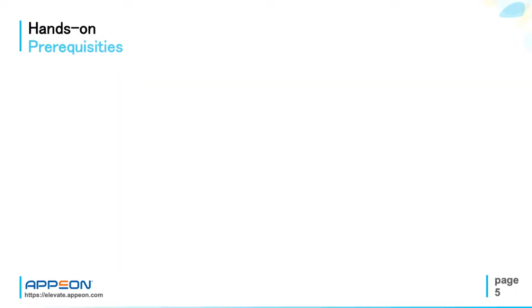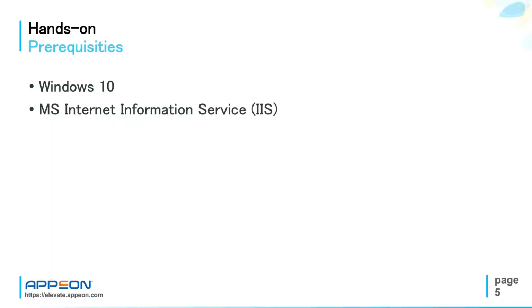Now, let me go through the prerequisites of the hands-on part of this presentation that will follow right after the slideshow. So I suggest you have a Windows 10 machine, which can be either your physical computer or a virtual machine. Then you enable Microsoft Internet Information Service, IIS, which you can do from the Windows Control Panel, Programs and Features.